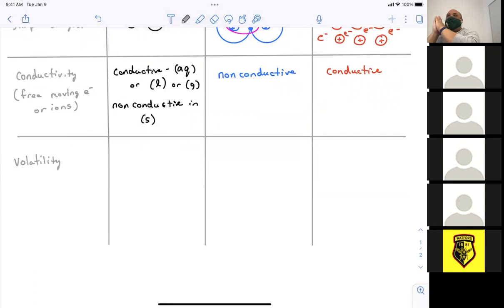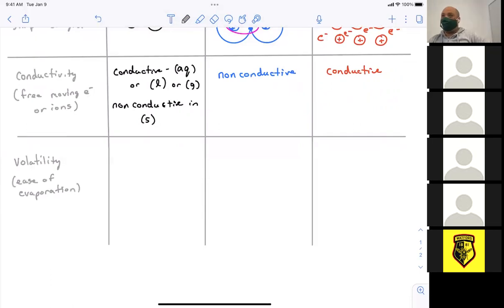Volatility, okay? The term volatility implies ease of evaporation. So don't think of volatile as explosive. There is some connection, but it's not the direct definition of volatile. This is one of those cases where the chemistry definition of a word is very different than the common English definition.